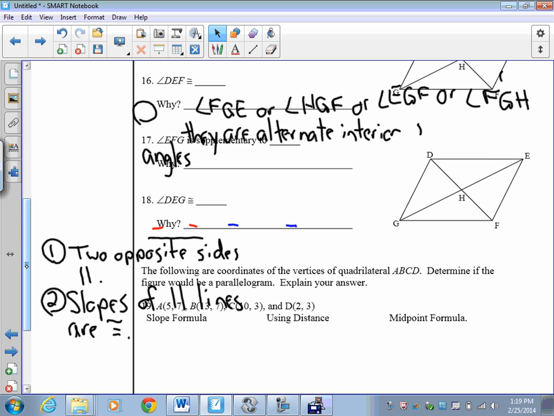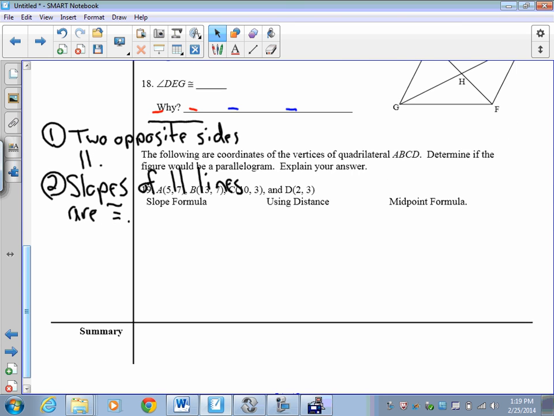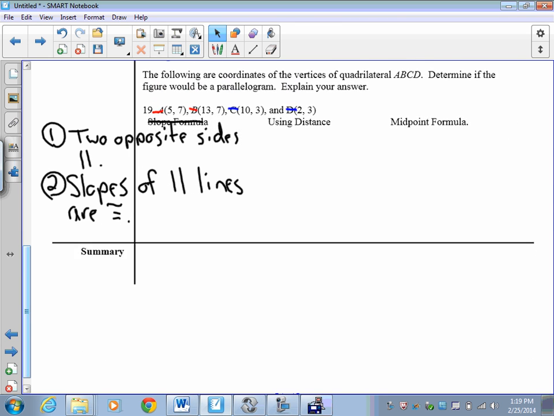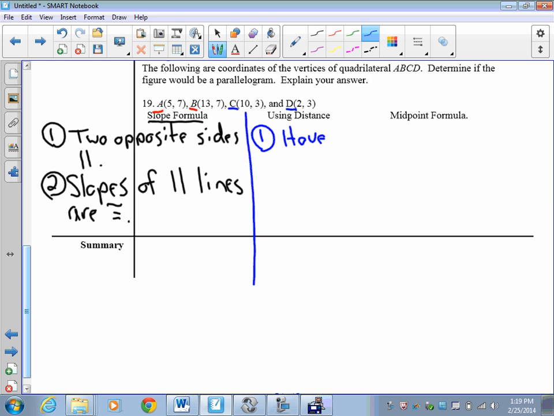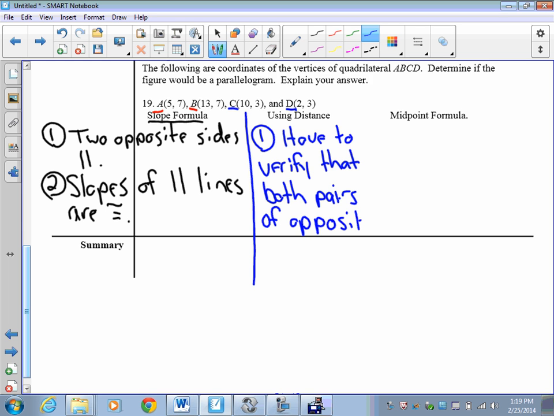The next thing we're asked to find is the distance formula. So using distance, we have to verify that both pairs of opposite sides are congruent.